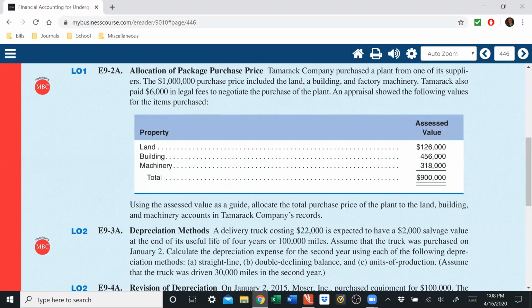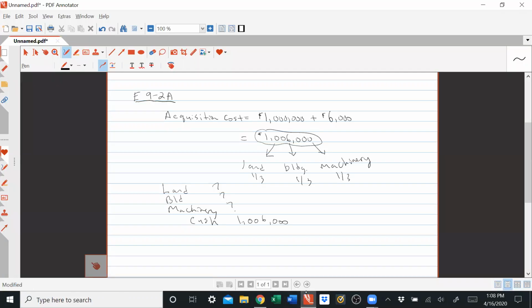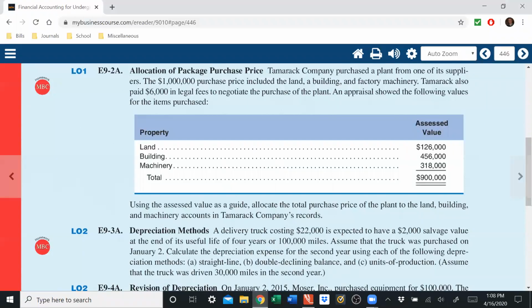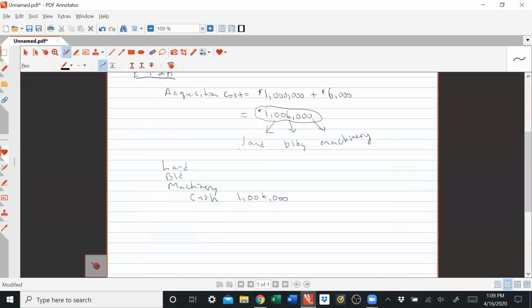So we're going to use relative market values. We're going to use not 1/3, 1/3, 1/3, but the ratio that we're going to assign to land is the land's market value relative to the total market value. So 126 over 900. That fraction of the $1,006,000 is going to be assigned to land.